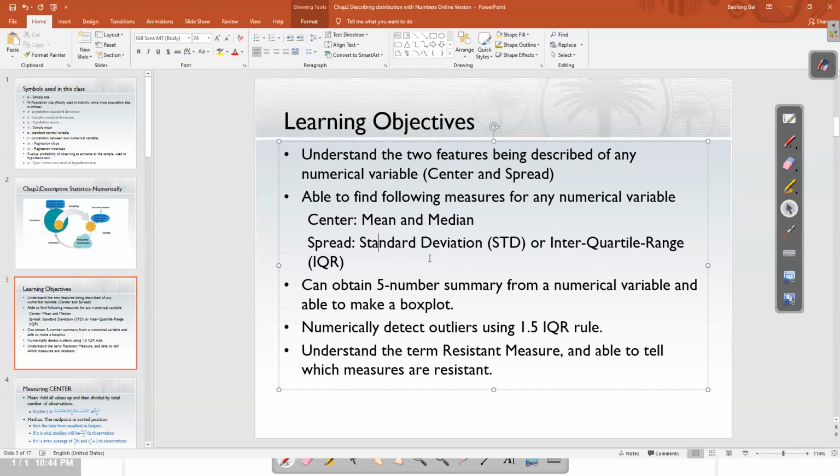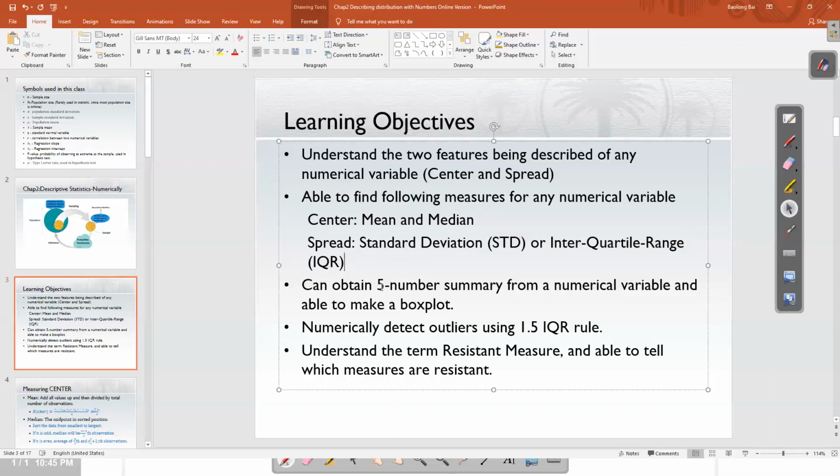And the spread, we also have 2 ways to quantify the spread. One is called standard deviation, and the other called interquartile range, IQR. Right? So we're going to talk about how we are going to find those measures for any given data set.